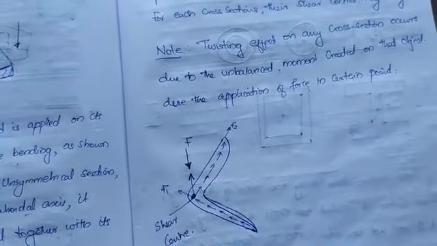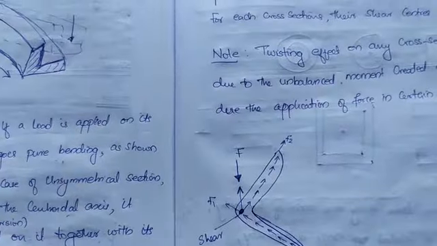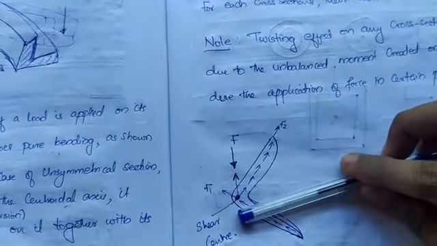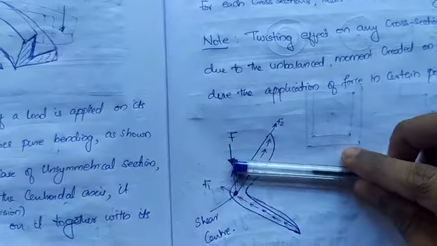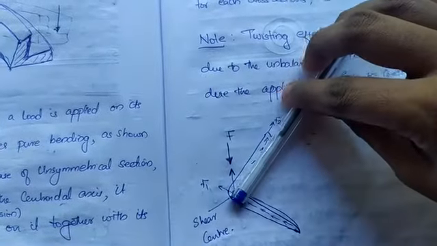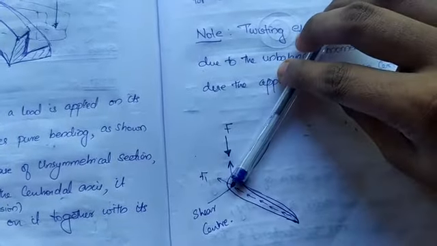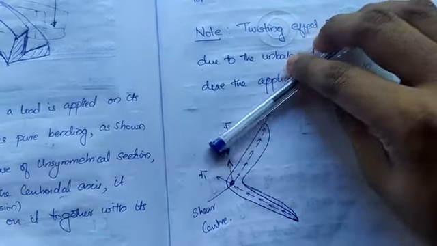This member will move like this. There is a chance of moving this member like this, right?